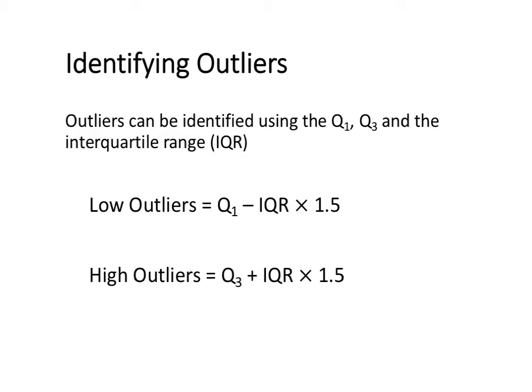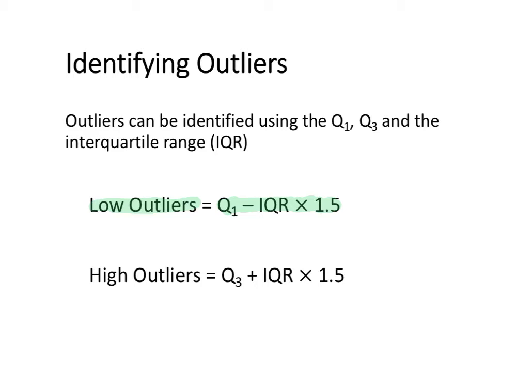To identify an outlier, you can use the first quartile and third quartile and interquartile range to help you identify high and low outliers. To identify a low outlier, use the formula quartile 1 minus the interquartile range multiplied by 1.5.